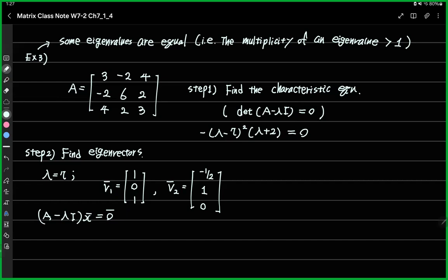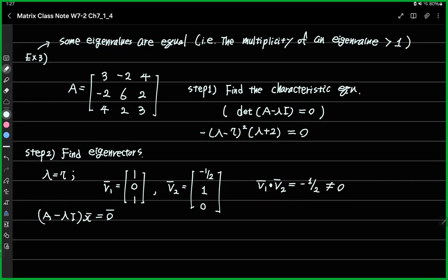But are they orthogonal? I don't think so. Let me do this. V1 dot V2 is equal to -1/2 plus 0 plus 0, so -1/2. This is not equal to 0.